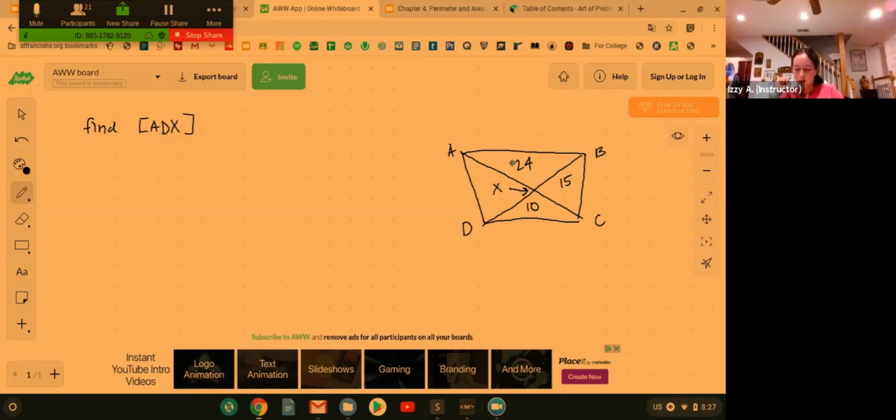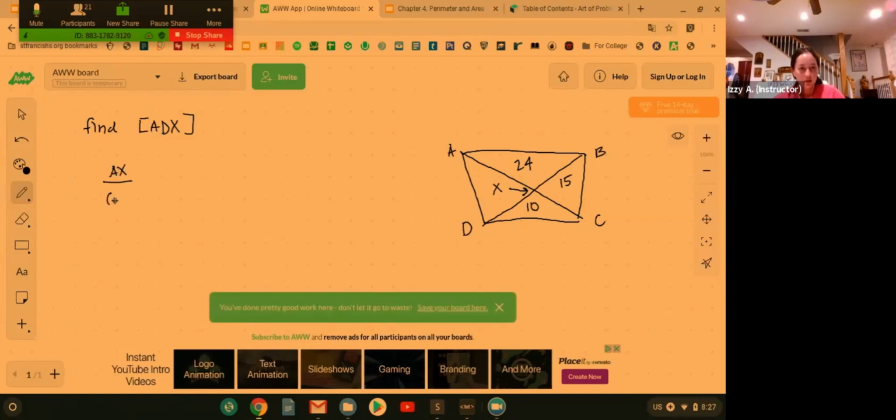Since triangle ABX and CDX share an altitude from B, we're going to have the following: AX over CX, which would be the base. So we are identifying the bases of the two triangles here, which is going to be equal to the ratio. This is where we're setting up our ratio.